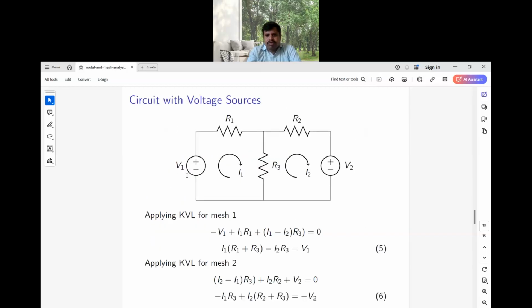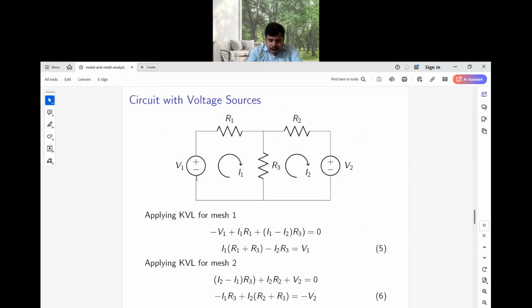Consider a circuit with two voltage sources V1 and V2. So here, how many loops are there? Loop 1 and loop 2. We call them mesh 1 and mesh 2. So if we apply KVL for mesh 1, what is the KVL for mesh 1?